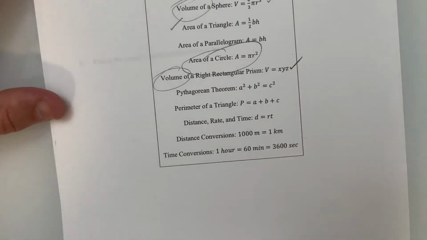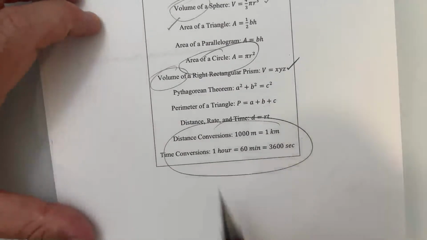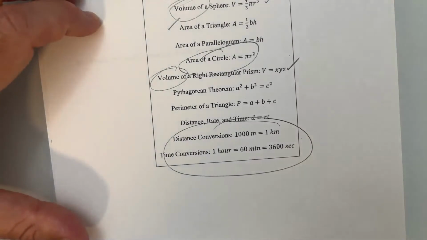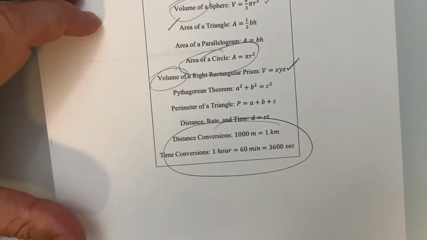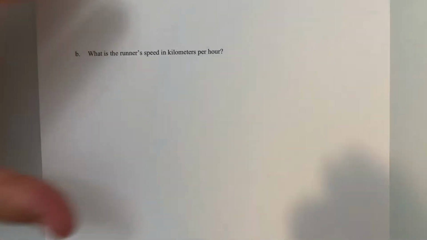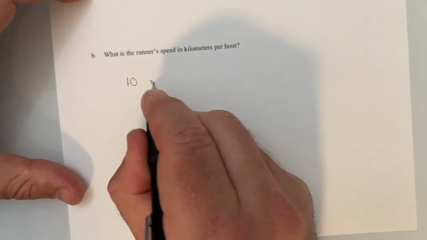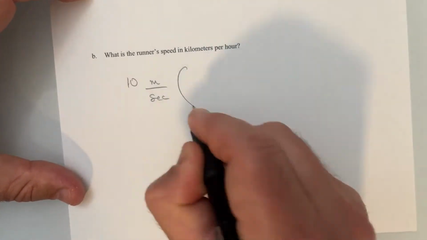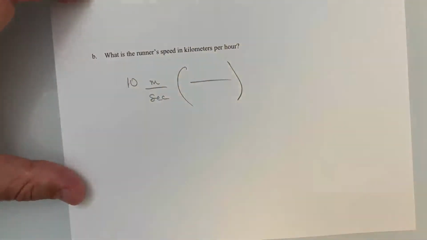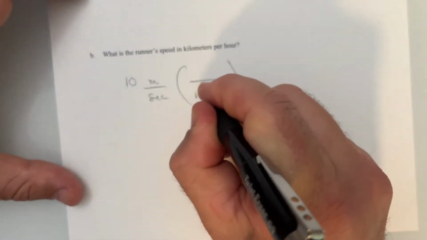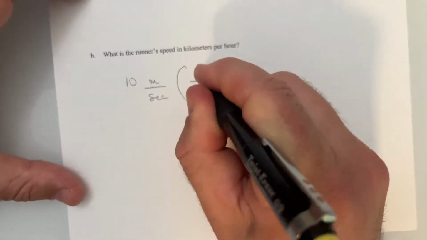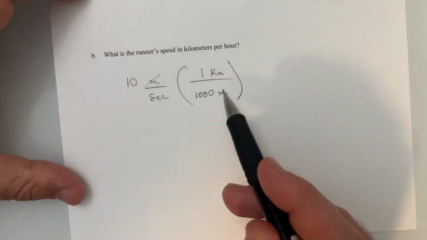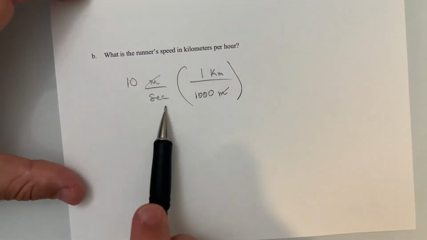So we're looking down here. 10 meters per second. I'll convert this. So we have 1,000 meters for every 1 kilometer. All right, so that'll take care of these. Now I'm in kilometers per second.